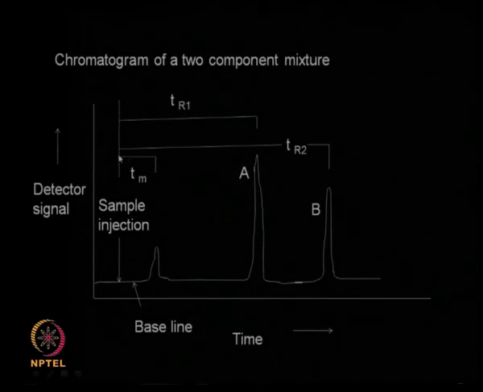Now this is the retention time for component A, and this is the retention time for component B, okay. But if you want the corrected retention time, we need to subtract this Tm from Tr1 and we need to subtract the Tm from Tr2.